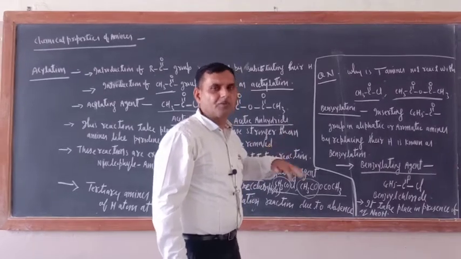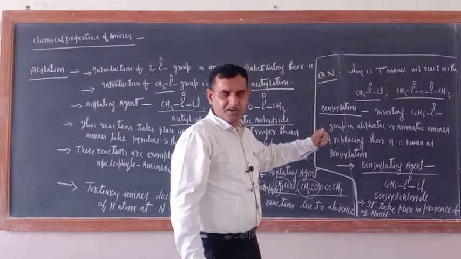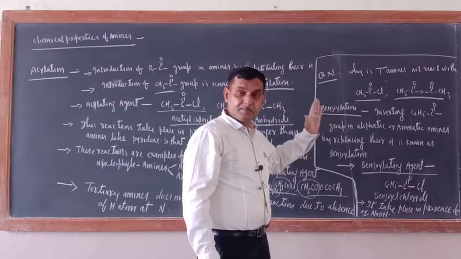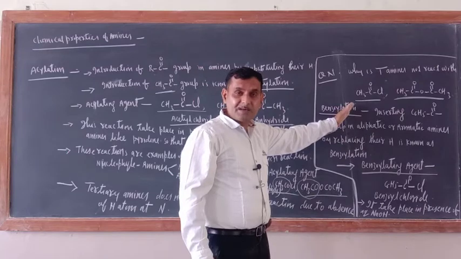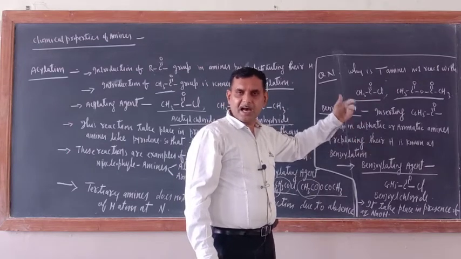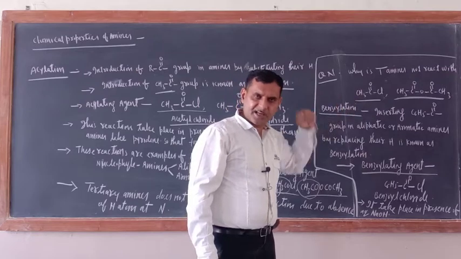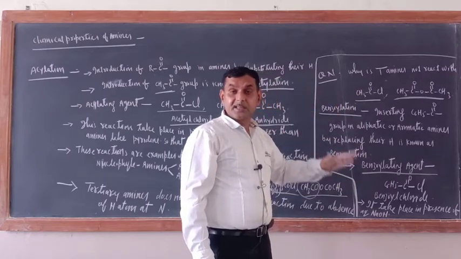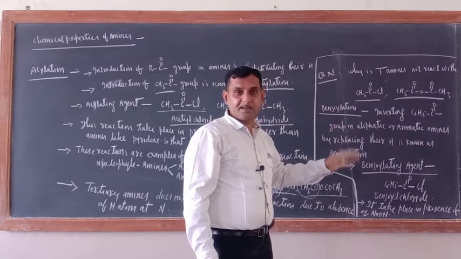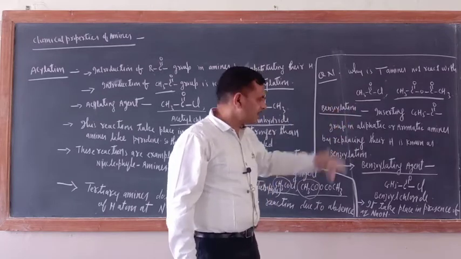How substitution? Nucleophilic substitution reaction. Because the hydrogen of amines must be substituted by the CH3CO group of acetyl chloride or the CH3CO group of acetic anhydride. Since hydrogen is not present with N of tertiary amine, that is why they do not undergo it very easily.